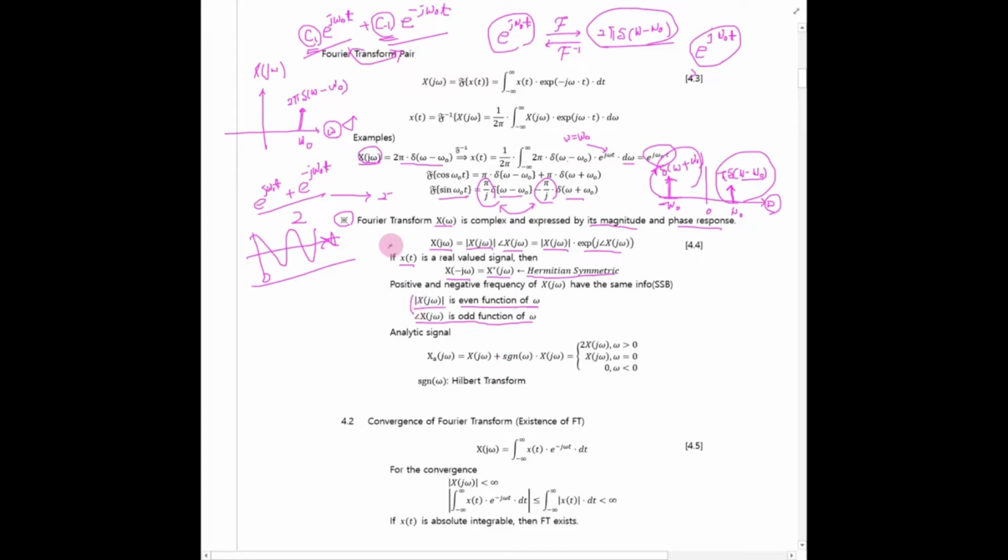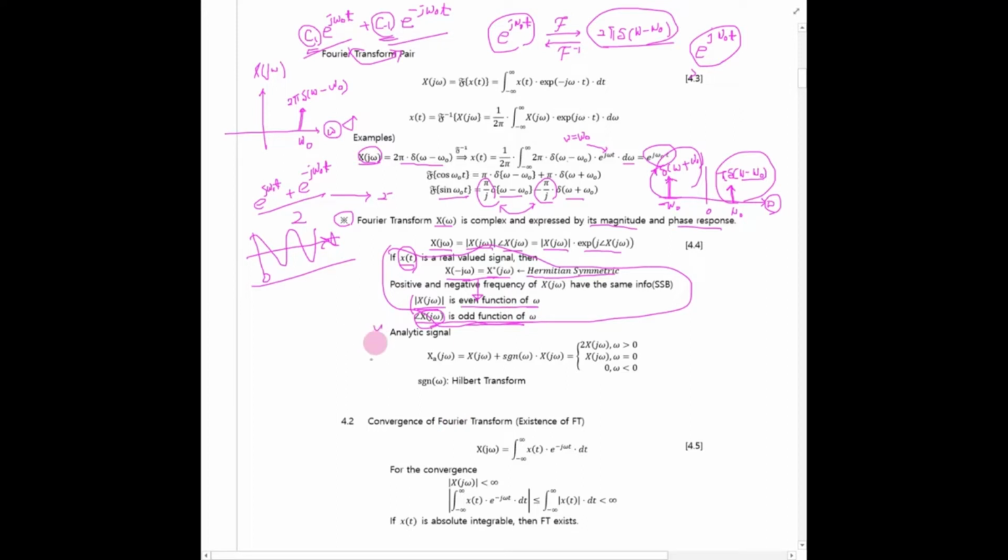So this is the whole thing. It means the characteristic of a Fourier transform for a real signal. In a real signal, positive and negative frequency components are related as a complex conjugate. If it satisfies these complex conjugate conditions, then the magnitude is an even function of omega, but the phase is an odd function of omega. It should be satisfied.